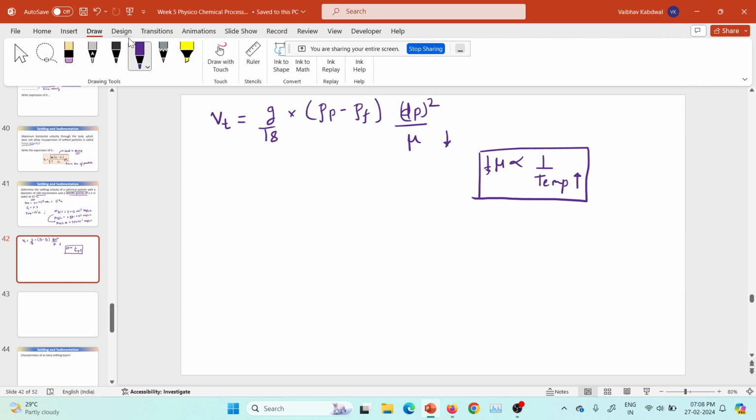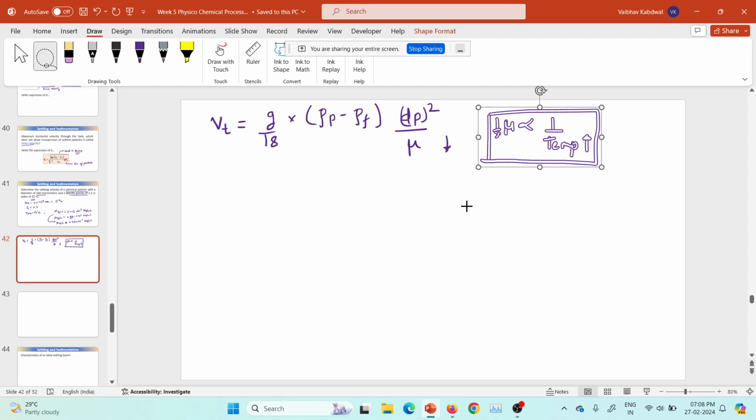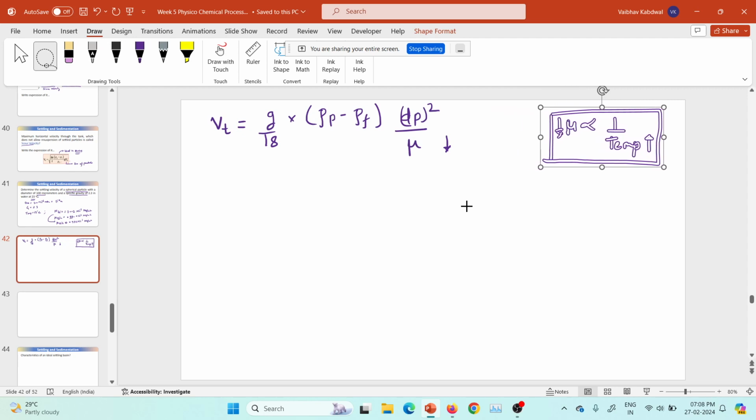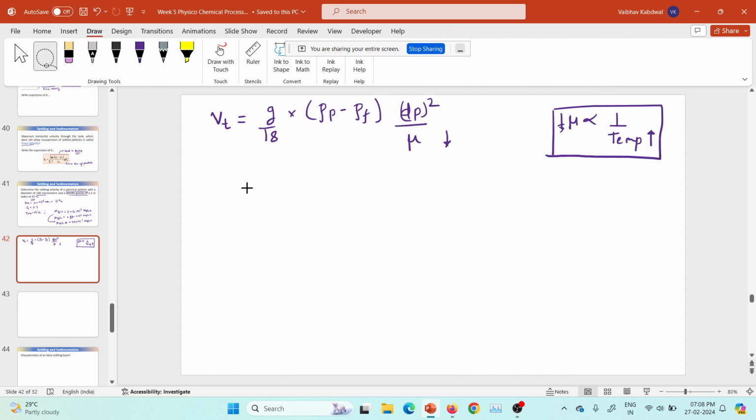So what we can conclude here: terminal settling velocity is inversely proportional to dynamic viscosity and directly proportional to temperature.